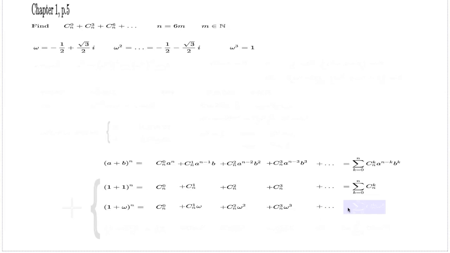I can also give here the sigma version of this expansion: the sum of all indices k from 0 to n, C(n,k) omega^k. Now I also would like to consider the binomial expansion where I take omega squared for b. This is almost identical to the one we just did.